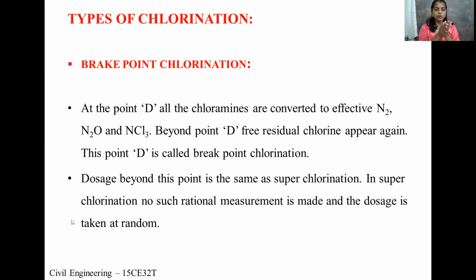See, breakpoint chlorination means up to that point there is chlorine demand, and after that it appears as free residual chlorine. If we keep chlorinating beyond that, we call it super chlorination. In super chlorination no such rational measurement is made. I said earlier that in plain chlorination the dosage is 0.8 milligram per liter per hour. In super chlorination, it went up to 10 to 15 milligram per liter. So beyond this point D, it is the same as super chlorination. There is no such rational measurement.